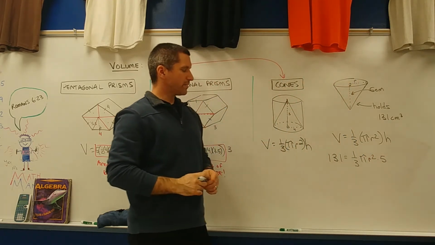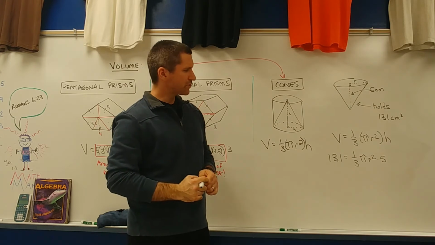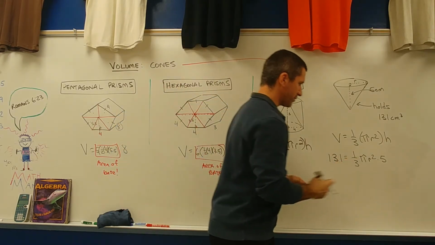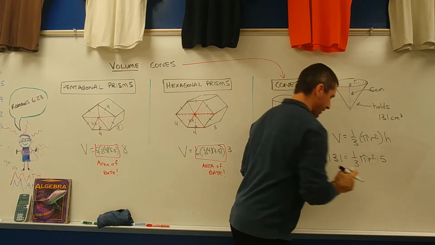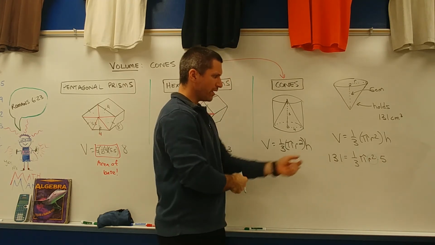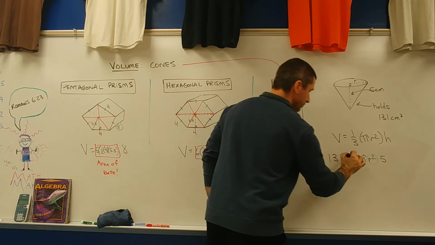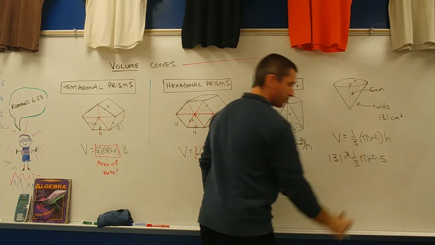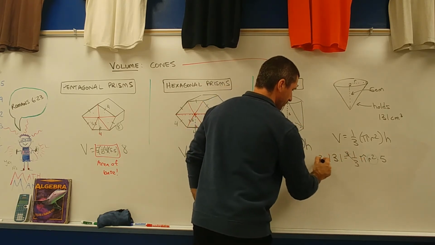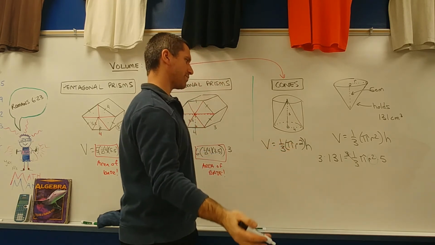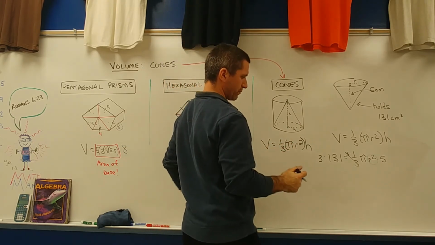So it's a matter of what you want to do first to solve for r squared, which is right here. We've got to get that by itself. I think we could multiply by 3. That'd be a good way to start. See how that cancels the 1/3? And we take it over here. So 131 times 3, what is that, 393?